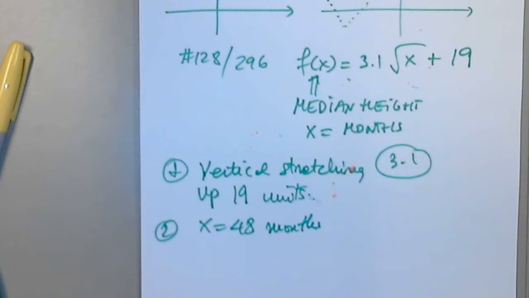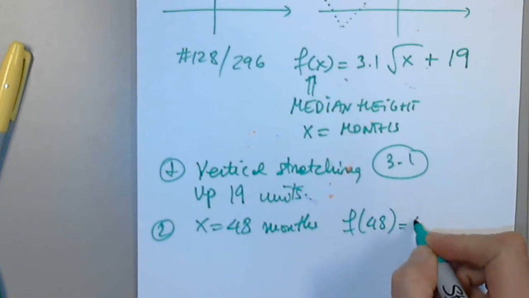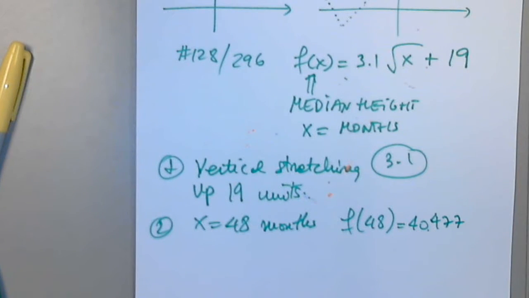Do we have the function in? I think nobody's working with me on this. Okay, so then I go to second, table. And I will plug in what I want, and I want 48. And I get 40.477. So f of 48 equals 40.477. What does that mean?